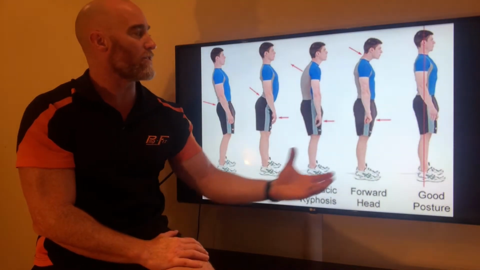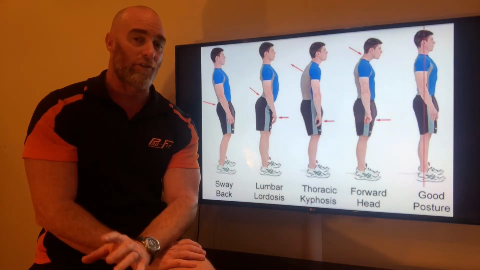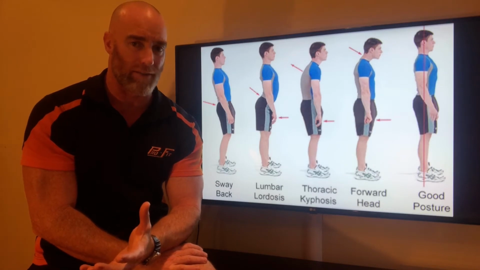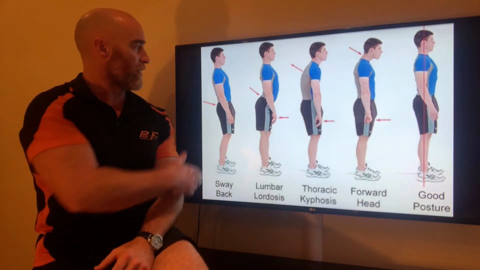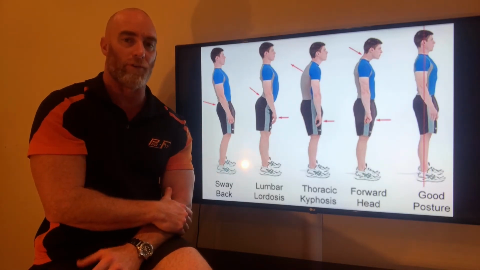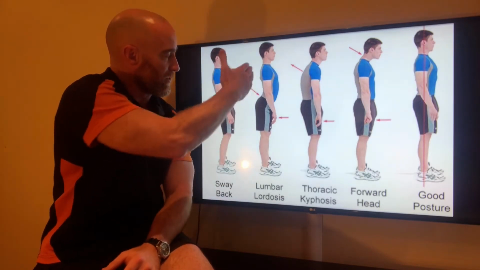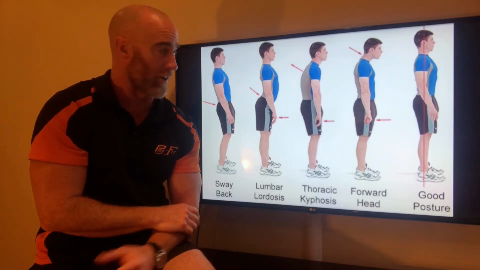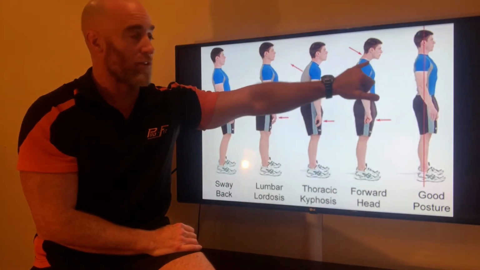So what do all these different shapes actually mean? Well, here's the trick now. The body is a complex system. There's no one size fits all approach here. So the type of protocol that we would use in order to address the sway back is completely different to how we would address the lumbar lordosis, compared to the thoracic kyphosis of that mid-back and the forward head lean.